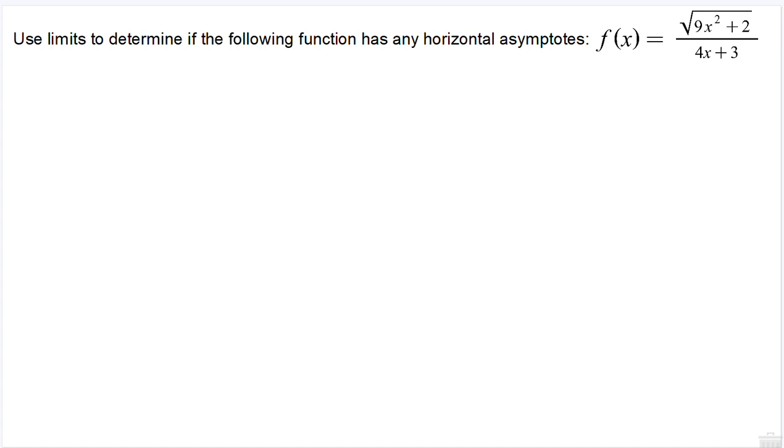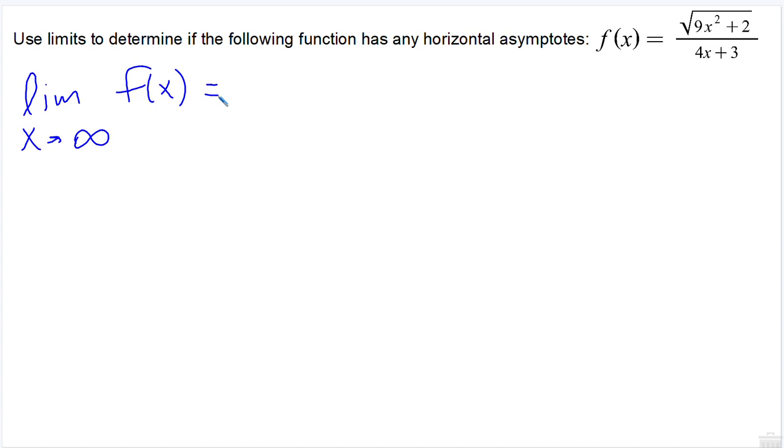If we're looking for horizontal asymptotes, we know, first of all, that we need to do a limit as x approaches infinity of the function. Right, so let's do that. And then we think, well, number one, this is not a rational function, which means that we're not guaranteed that the limit as we approach infinity is going to equal the limit as we approach negative infinity. So we've got to keep that in mind.